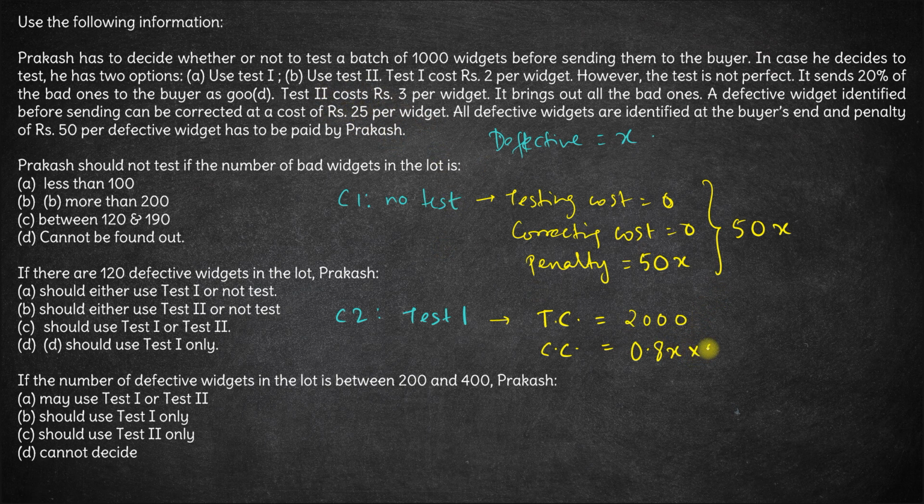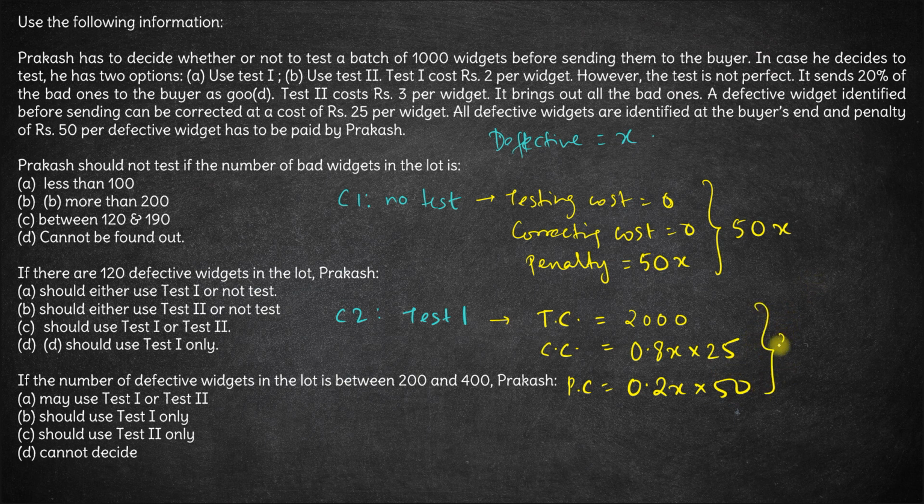So 0.8x into 25 will be the correction cost, right? Now will there be any penalty in this case? Yes. Although these 0.8x widgets are corrected, the remaining 20% of X are sent to the customer. So the penalty will be charged on 0.2x at the rate of 50 rupees per widget.